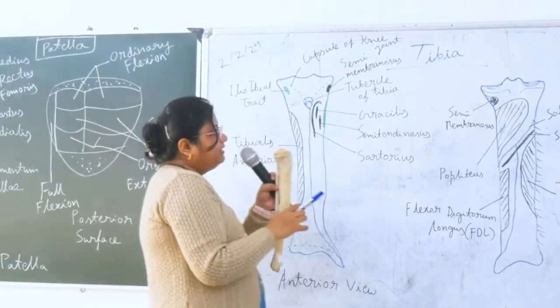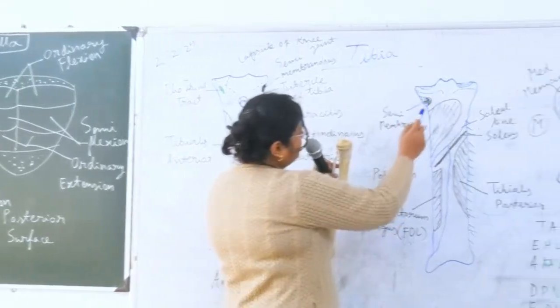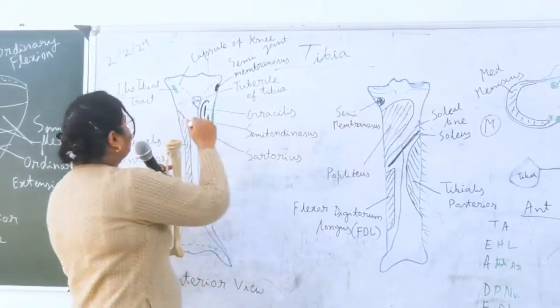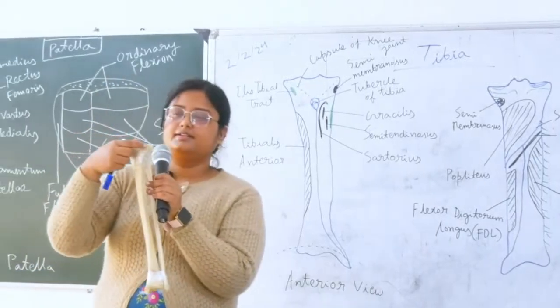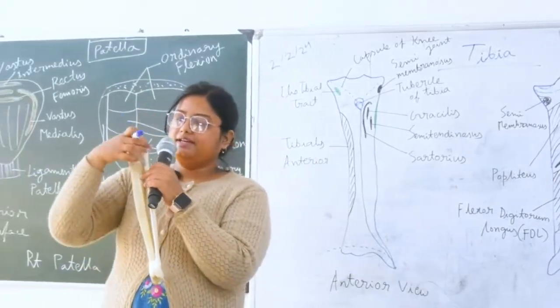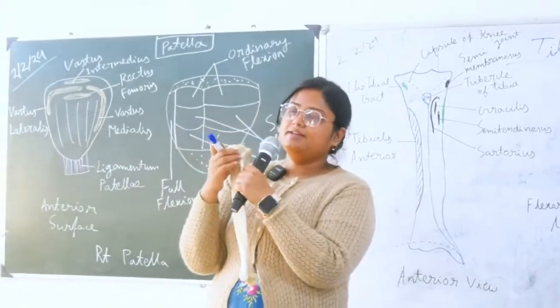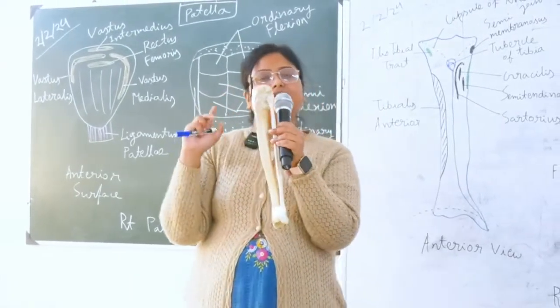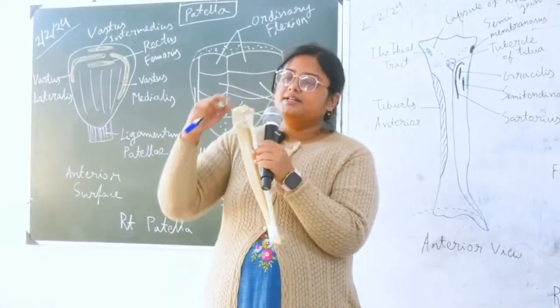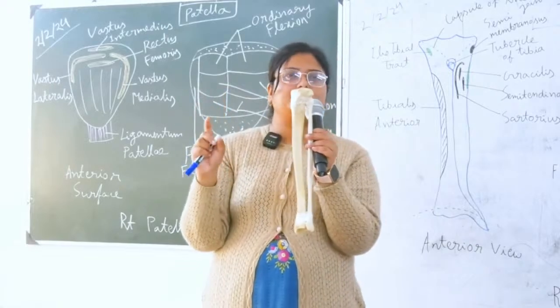Posteriorly there is a facet for articulation with the fibula, forming the superior tibiofibular joint, which is a plane type of synovial joint.